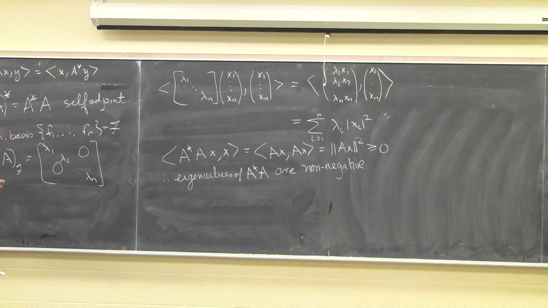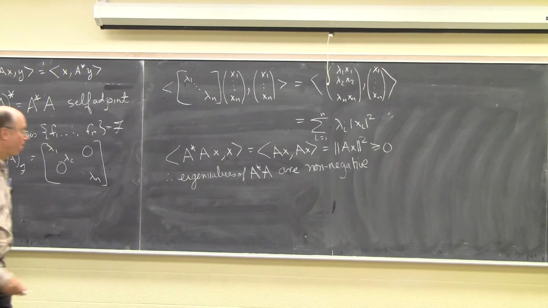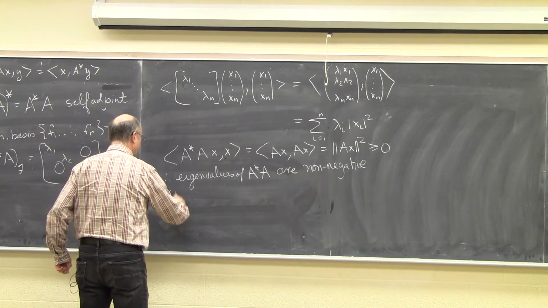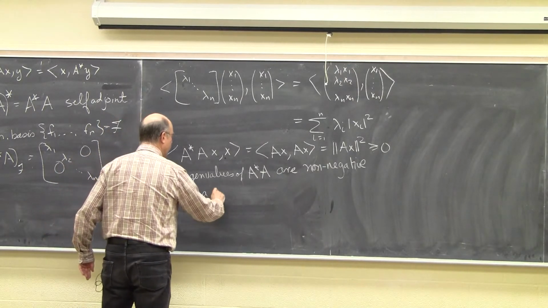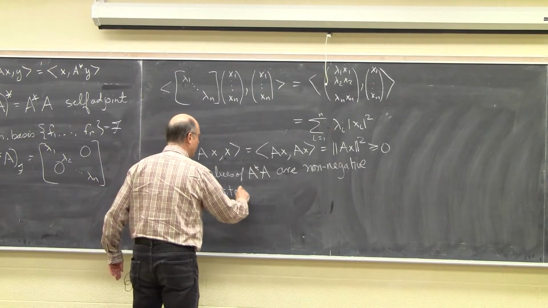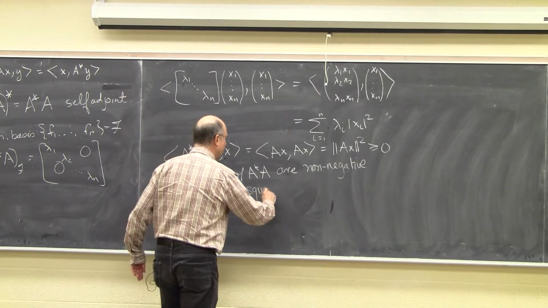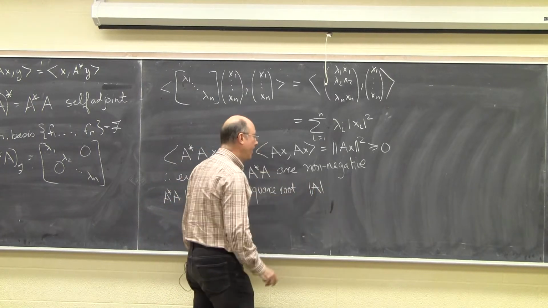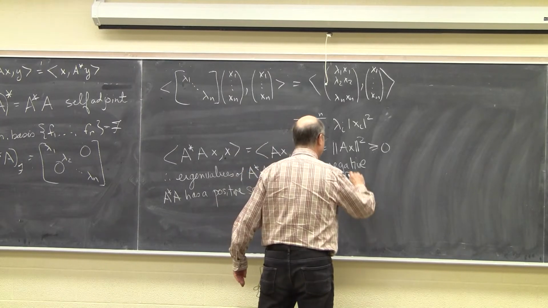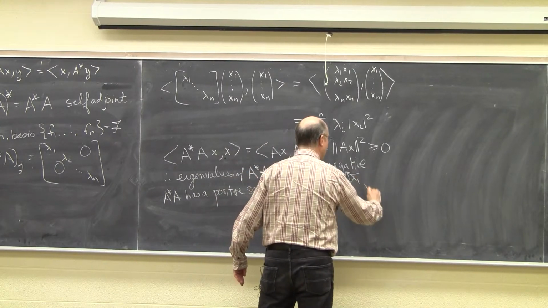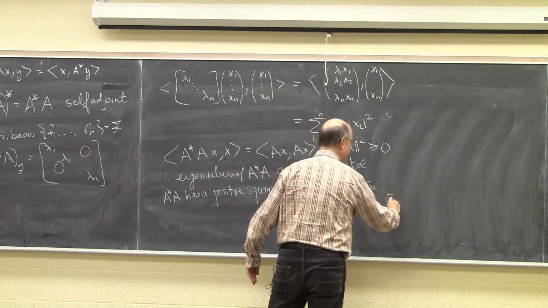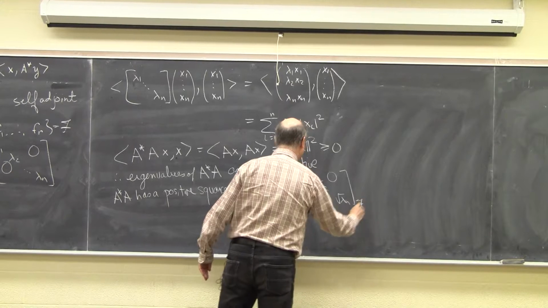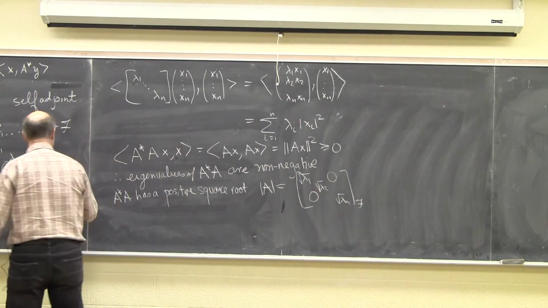So that means that A star A has a positive square root, which I'm going to call absolute value of A, which has matrix square root of lambda 1, square root of lambda 2 down to square root of lambda n, diagonal, with respect to this same basis F here.